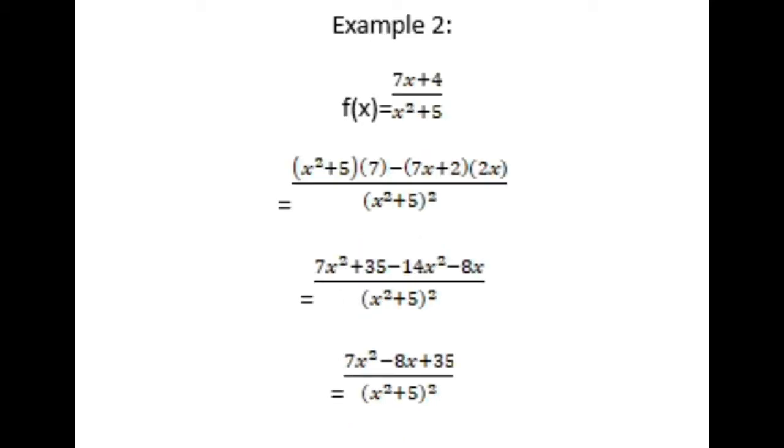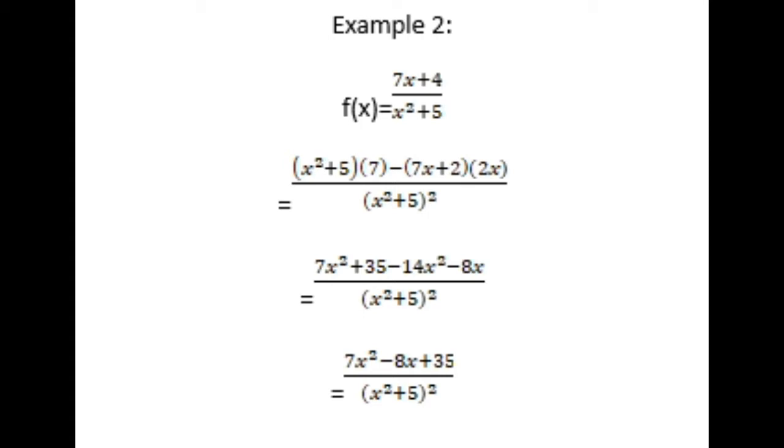So how about this given? 7x plus 4 over x squared plus 5. Using the formula, f prime of x is equal to x squared plus 5 times the derivative of 7x plus 4, which is 7, minus 7x plus 4 times the derivative of x squared plus 5, which is 2x, over x squared plus 5 squared.